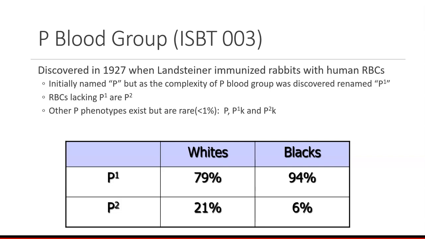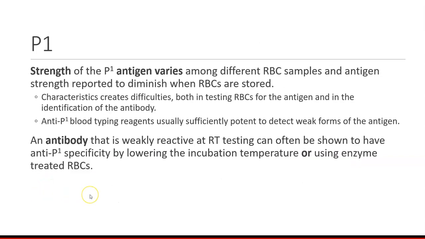And you can see that in the white and black population, there's a distinct difference in the prevalence of these antigens. When you're working this antibody up, one thing to note is the strength of the P1 antigen varies among different red cell samples, and antigen strength is reported to diminish when the red cells are stored.